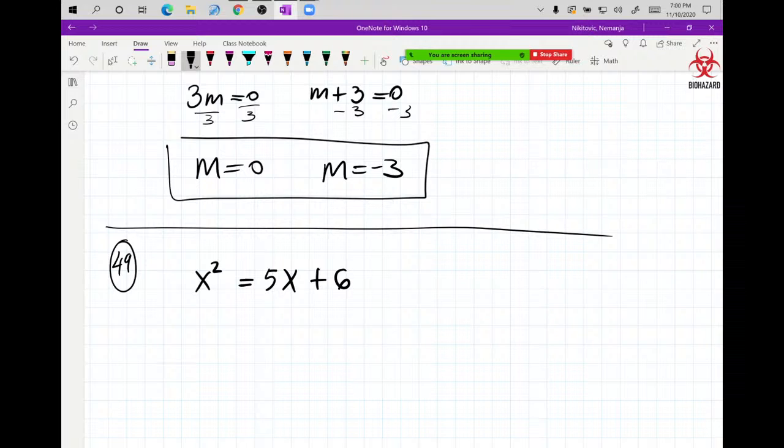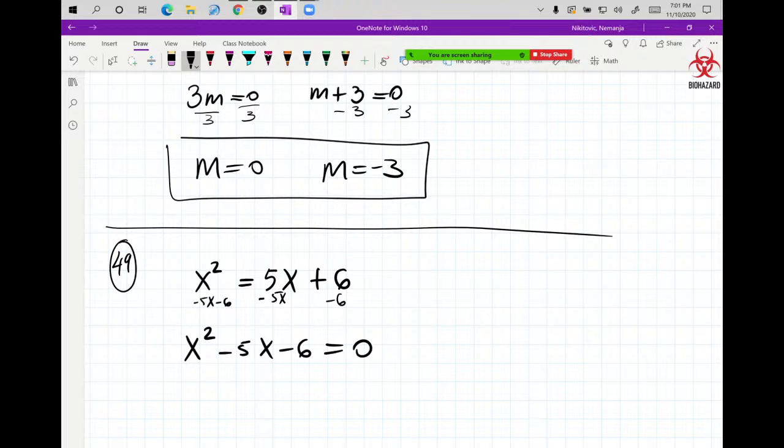All right, so we subtract 5x and we subtract 6. Now nothing adds together because they're not like terms. And now we can, I hope, factor. So any ideas on what those factors should be?